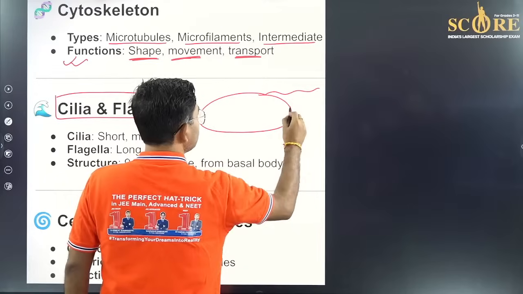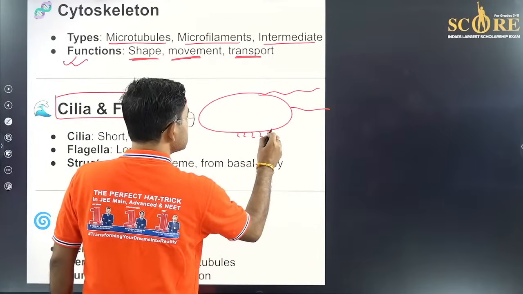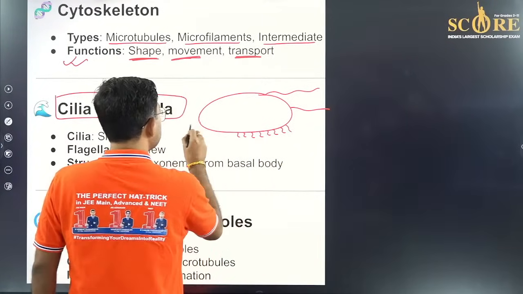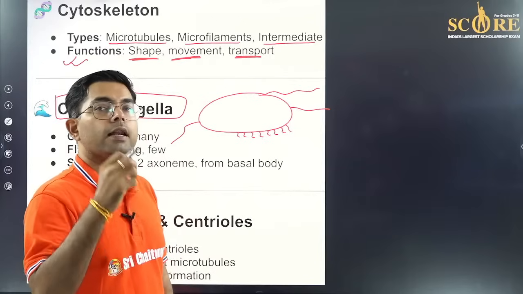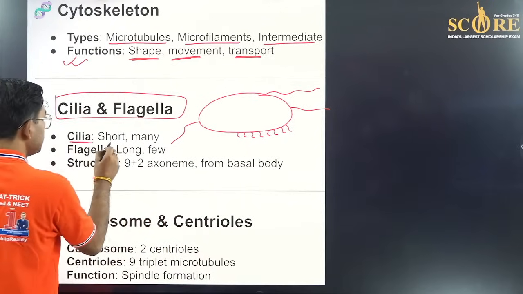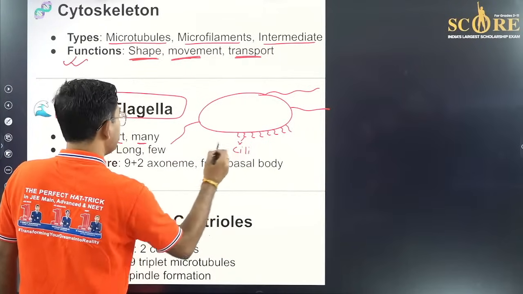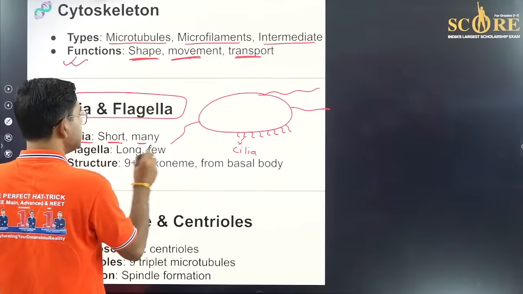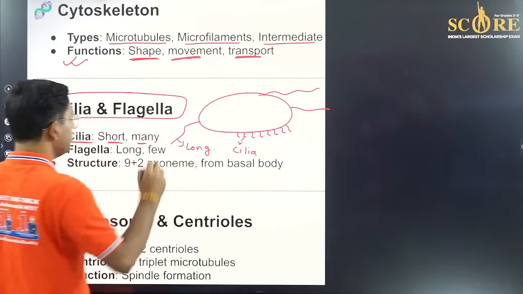Longer one is called flagella and the smaller one is called the cilia, right? So one help in attachment and movement, another help only in the movement. Cilia is short and it will be multiple, as you can see here, whereas flagella will be long and less in number.